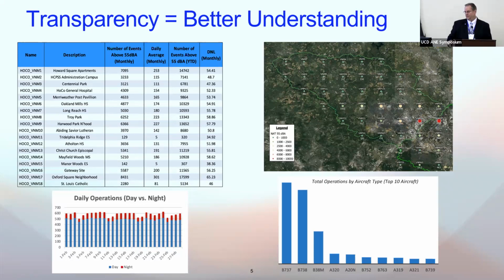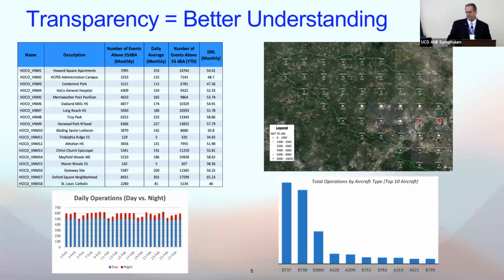We can do anything, but we've settled on 55, 65, 75 normally. And in some places that are close to the airports, we do some number above 85. Then we give you an idea of day versus nighttime operations in the chart at the bottom left, so you can see on a daily basis where the major operations are.